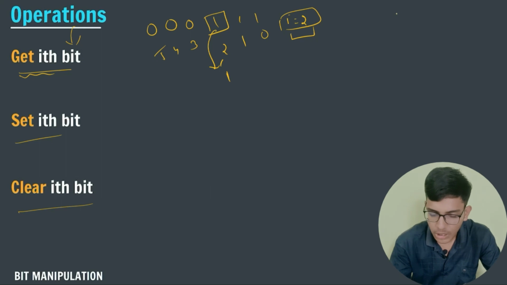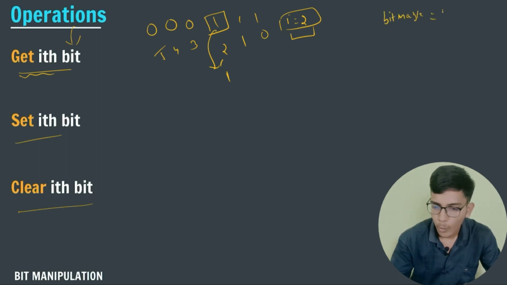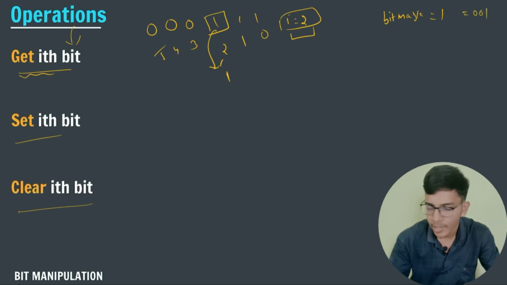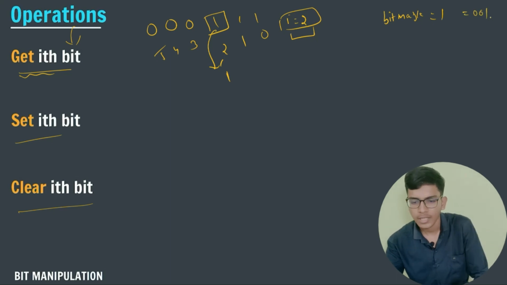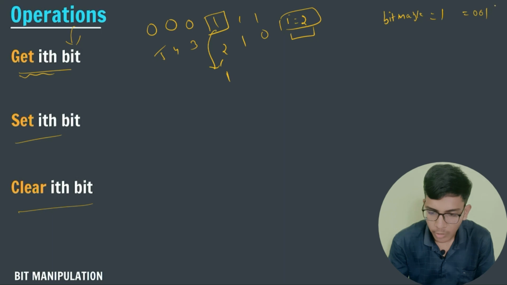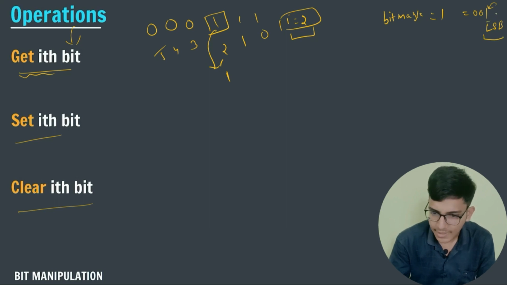In the previous question, we did bitmask equals 1, that is 0 0 0 1, and we put our value of 1, that is the set bit, at the LSB, that is the least significant bit.